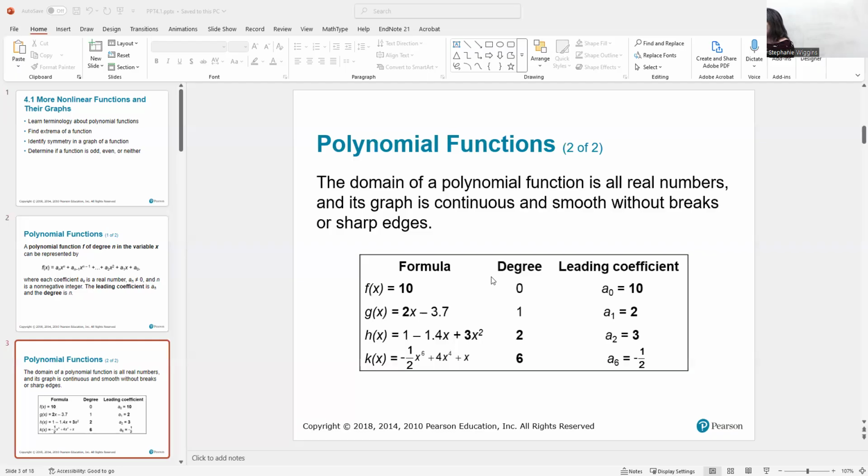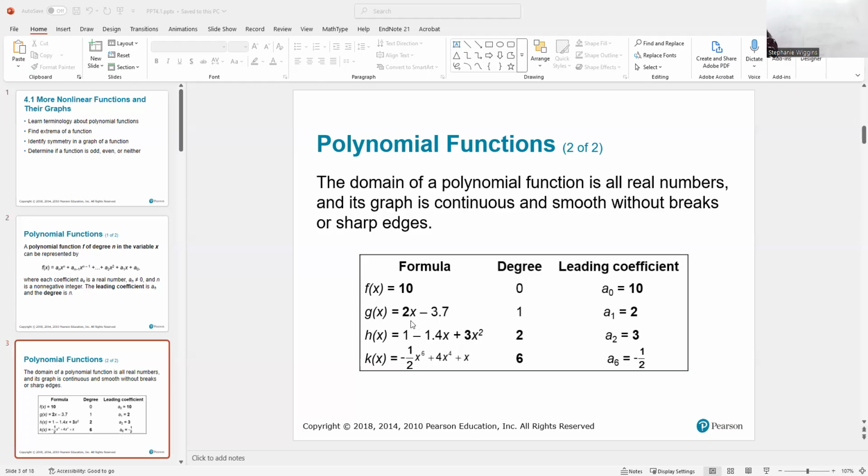We have some examples here. Here we have a polynomial which is actually a constant function, and it has degree 0 because it has no x, and x to the 0 power is 1. So your constant, your very last constant is 10, and that would be times x to the power of 0, but that's just 1, so you just get 10.